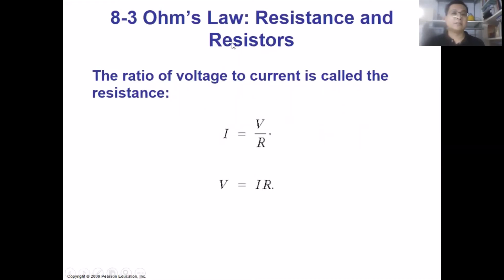Because resistance influences the final result of the voltage and the current, the formula is I equal to V over R, or V equal to I times R. The voltage is proportional to I, the current.